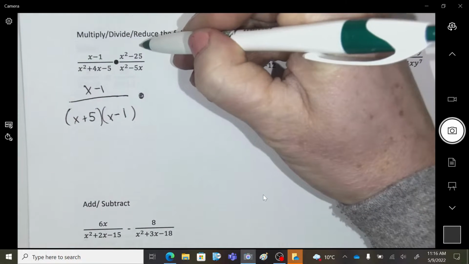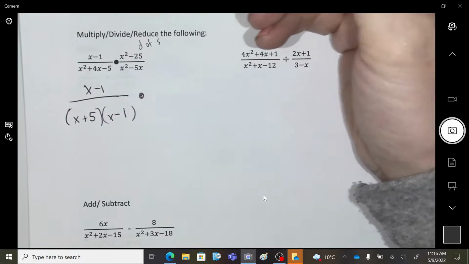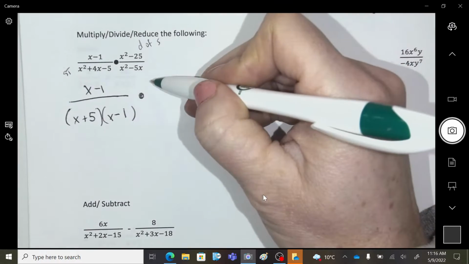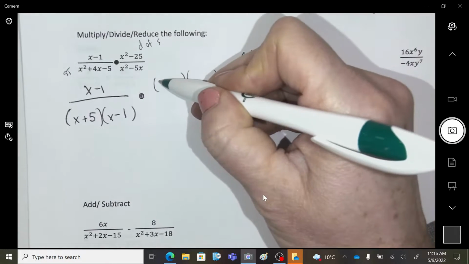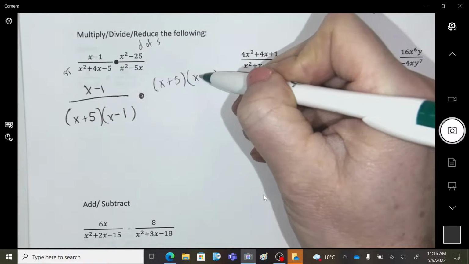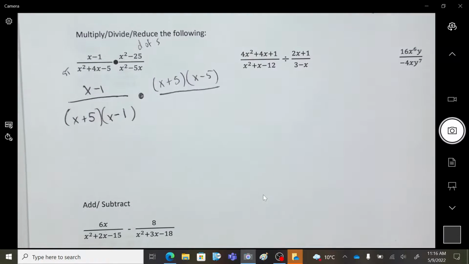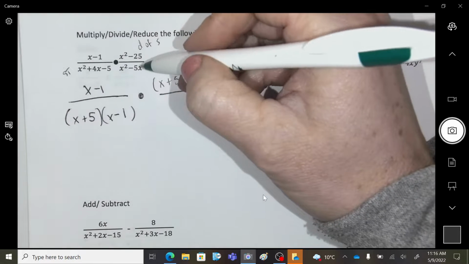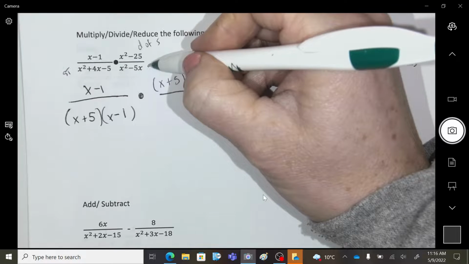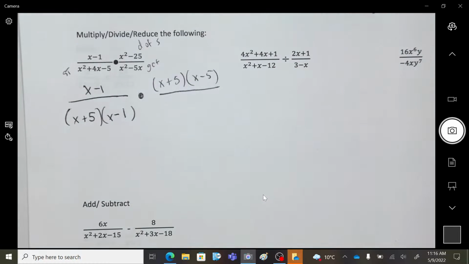This is a difference of squares. So 2 brackets, x plus 5, x minus 5. And the last is also a factor in this style. I can see a GCF style.